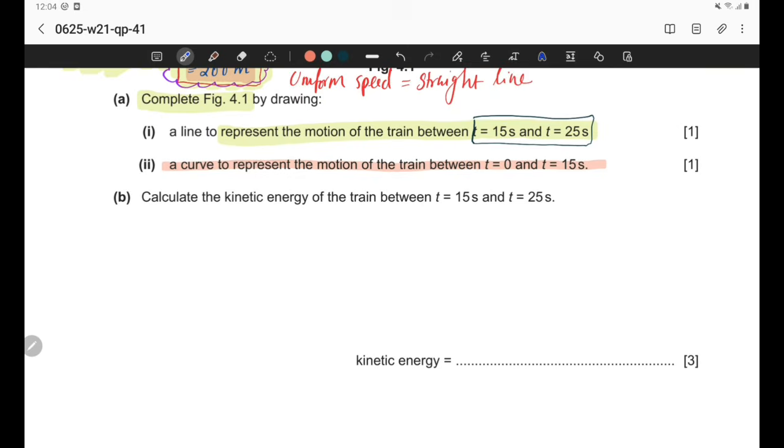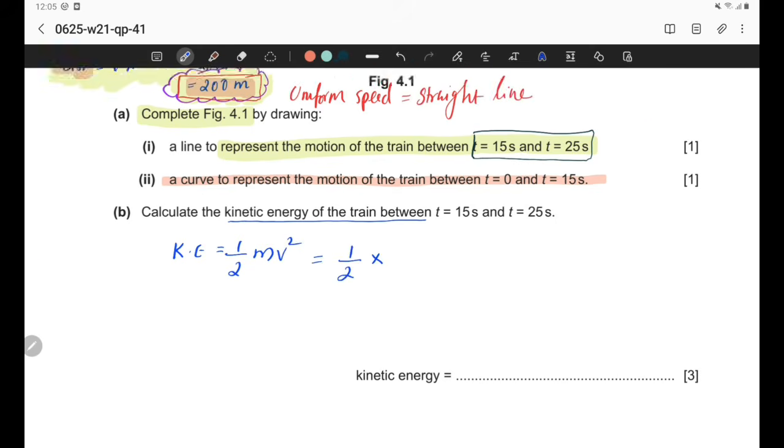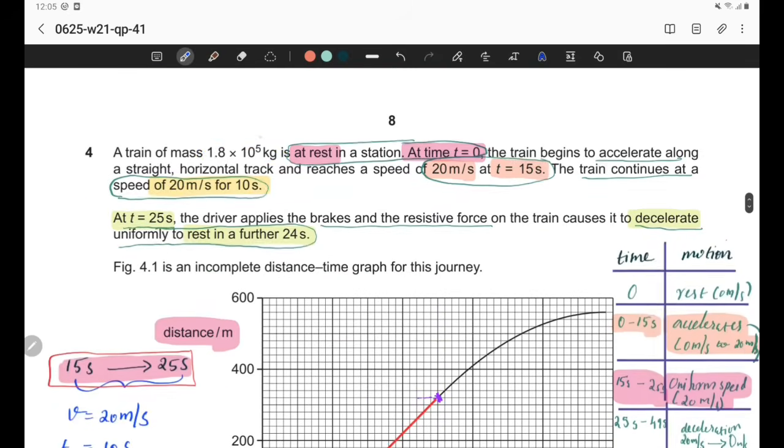Part B. Calculate the kinetic energy of the train between 15 seconds to 25 seconds. So for the kinetic energy equation, we need to write that, which is half mass times velocity square, where mass is given, that is in the starting itself the mass is given, which is 1.8 into 10 to the power 5.